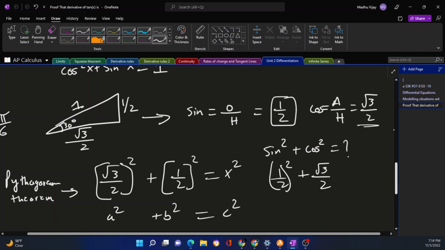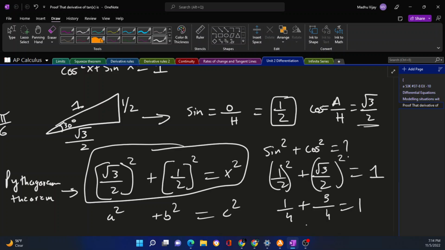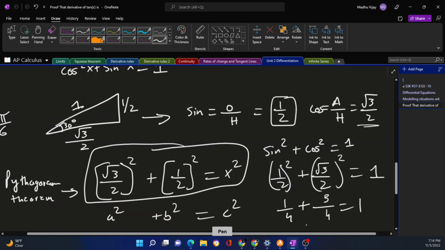We square this, and we still get 1, because this turns into 1/4, and like we did earlier, it's the same thing. We see that 1/4 plus this, which is 3/4, just gives us 1. So this is why we know that sine squared x plus cosine squared x is equal to 1. That's the proof for that.